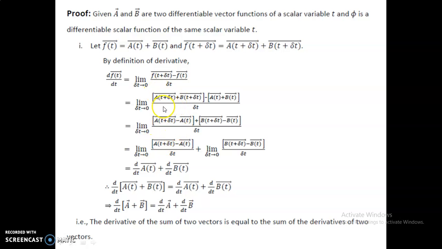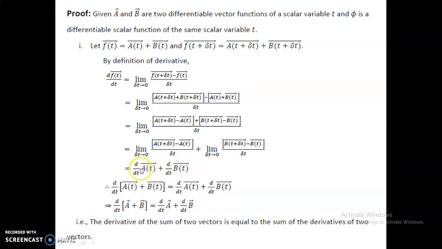So the limit as delta t approaches 0 of a of t plus delta t minus a of t, plus b of t plus delta t minus b of t, divided by delta t. Taking the individual limits, the limit of a of t plus delta t minus a of t divided by delta t as delta t approaches 0 is d by dt of a of t, plus the limit of b of t plus delta t minus b of t divided by delta t as delta t approaches 0 is d by dt of b of t.